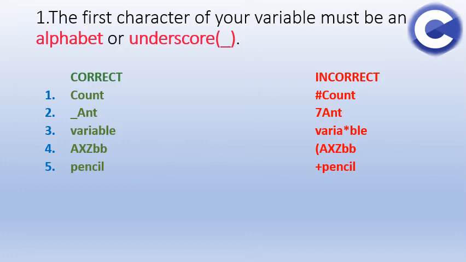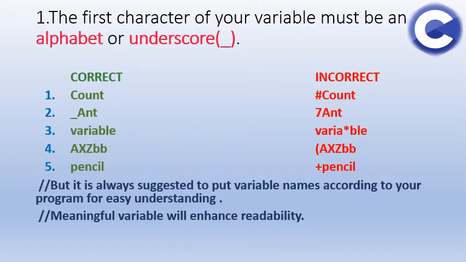So here are some examples, correct and incorrect ones, so that you can compare what is correct and what is incorrect. One by one I'll be comparing them to show you what is wrong in the incorrect one and how to remove it to make it a correct variable.